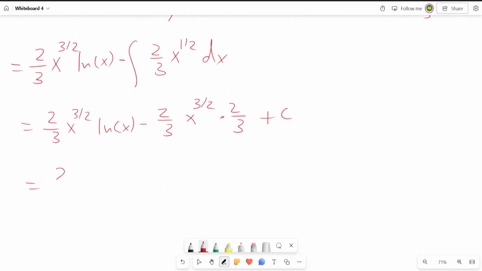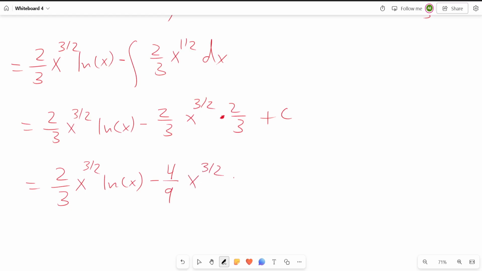So I can rewrite this as 2 over 3 x power 3 over 2 ln of x minus, actually plus, because minus 2 over 3 times 2 times, oh no, sorry. This is just multiply. It's not negative. So minus 2 over 3 times 2 over 3 is minus 4 over 9 x power 3 over 2 plus c. And that is my answer.